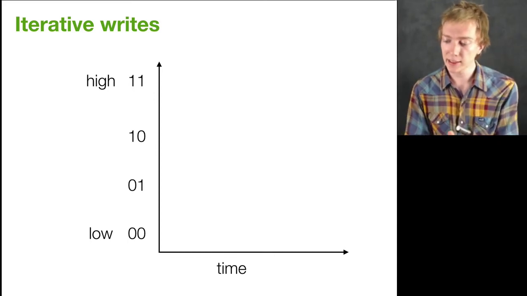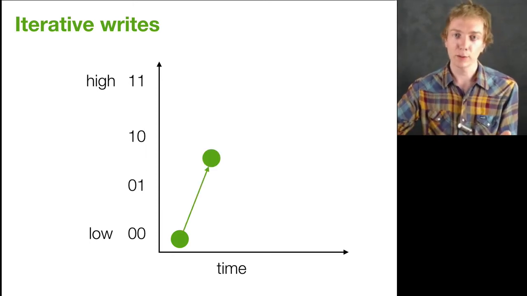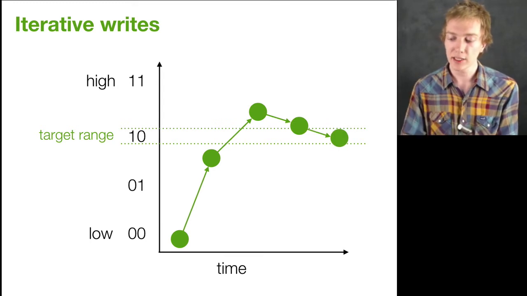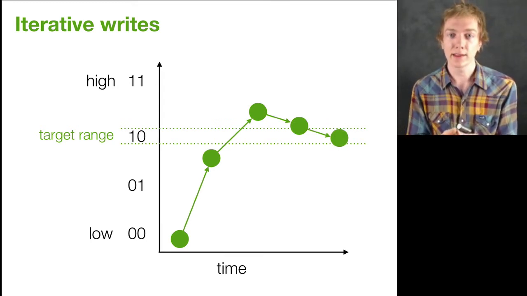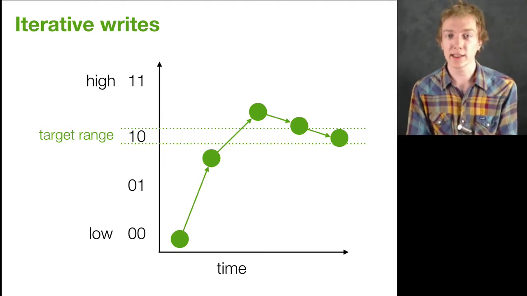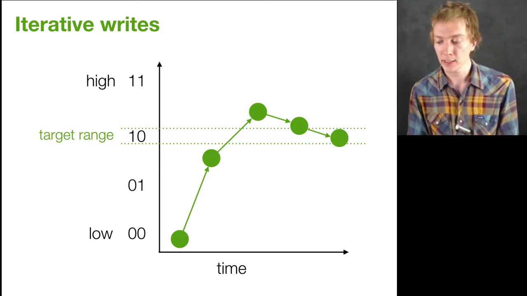What I'm showing here is a resistance that starts low and is increased by a couple of pulses, overshoots its target, and needs to be brought back in order to reach the target range that will prevent the sources of analog error in the cell from confusing the stored value with one of the neighboring digital values.